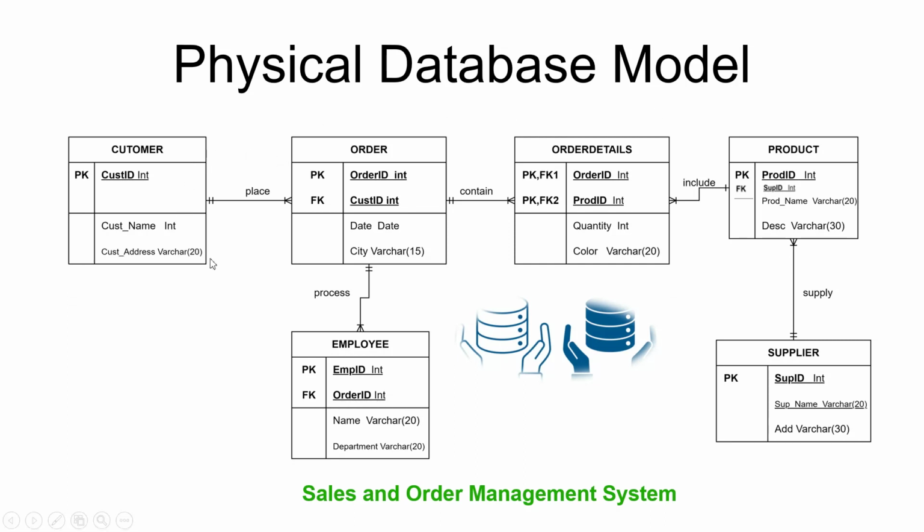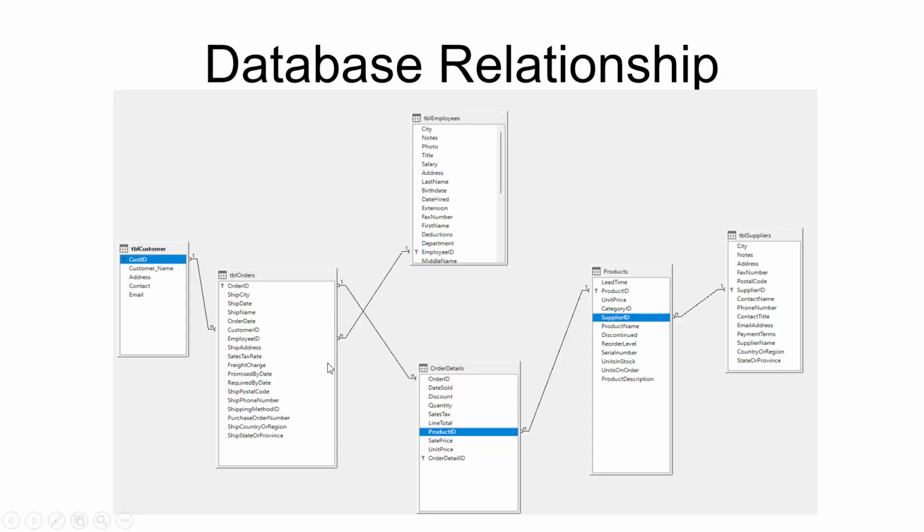This is the physical schema where all the entities, for example, in a sale and order management system, customer, order, implies product order, retailer and supplier, should be properly identified and linked through relationships. They should be implemented in the backend of the relational DBMS using any tool like MySQL, MS Access, SQL Server, or Oracle, and linked to each other in this form of relationship that we have already discussed.